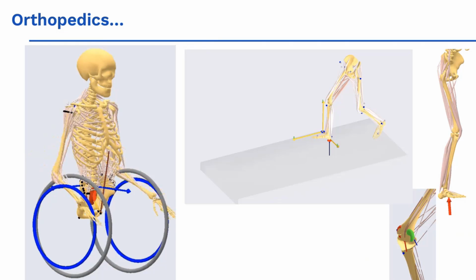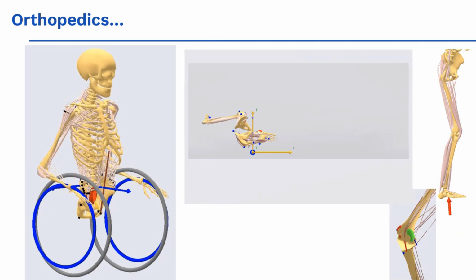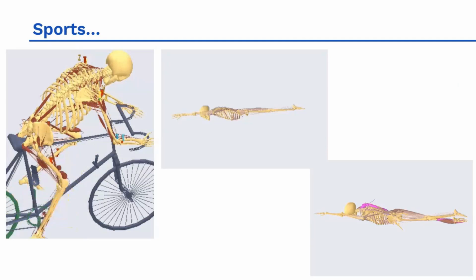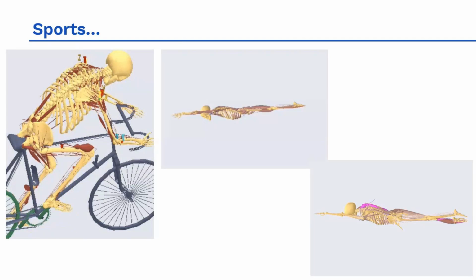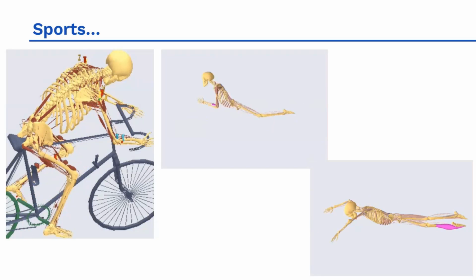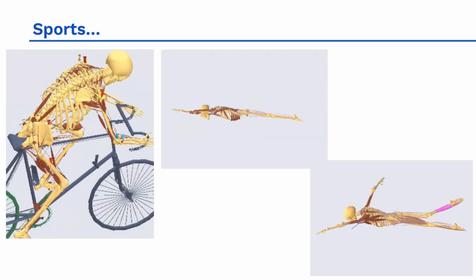And in orthopedics, you can actually use musculoskeletal models for looking at orthopedic evaluations, and of course in sports, for biking, for swimming, and for which muscles are being used for different sports activities.